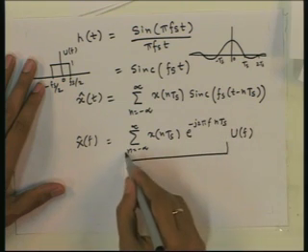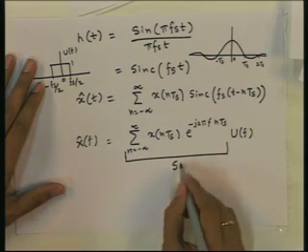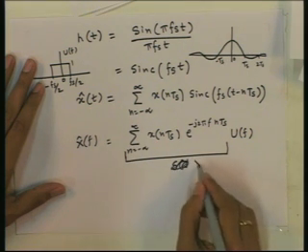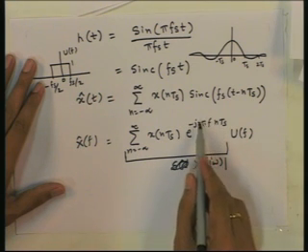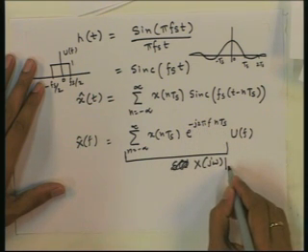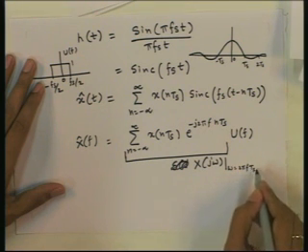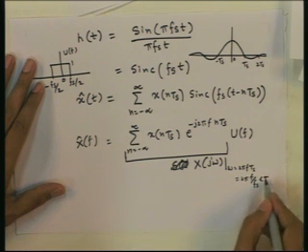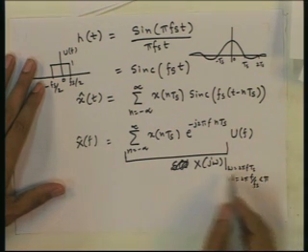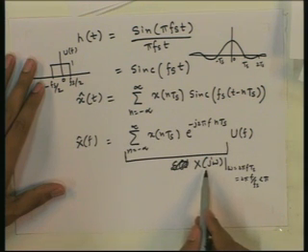This is the DTFT of the sampled signal x n, that is, X(e^{j omega}), at the frequency omega equal to 2 pi f Ts, which is 2 pi f by Fs, which is less than pi.